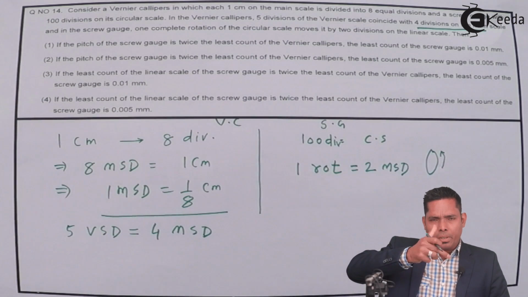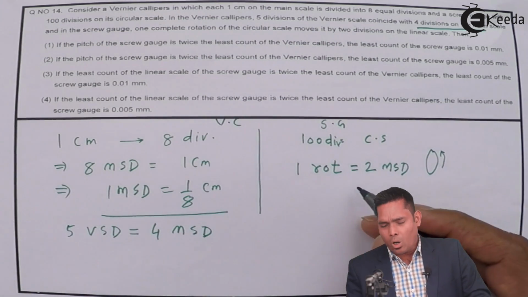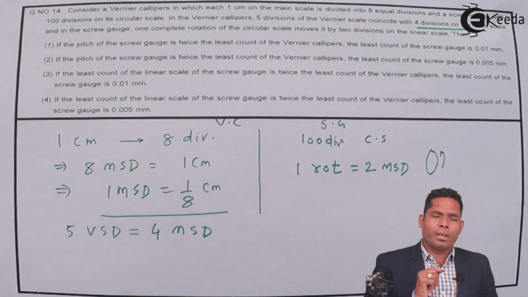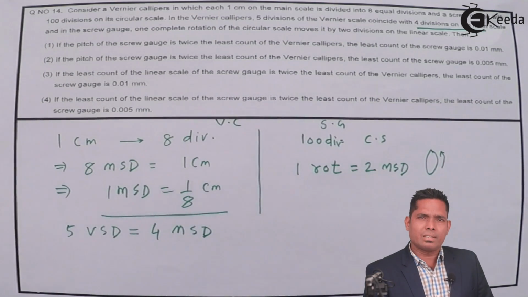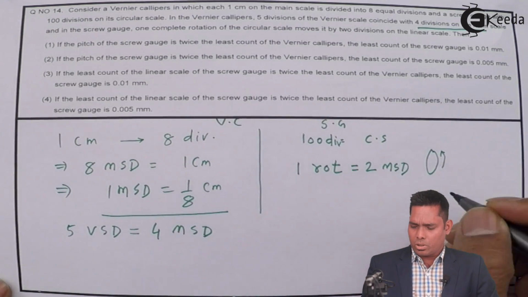So 1 complete rotation corresponds to 2 main scale divisions. The pitch is the distance between 2 successive threads, and how much the instrument advances in 1 complete rotation is also known as the pitch.